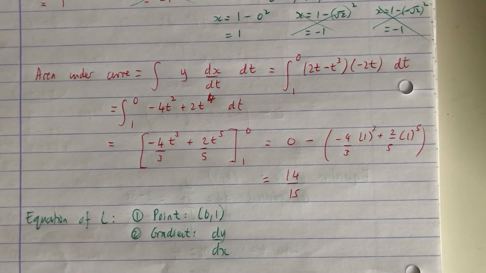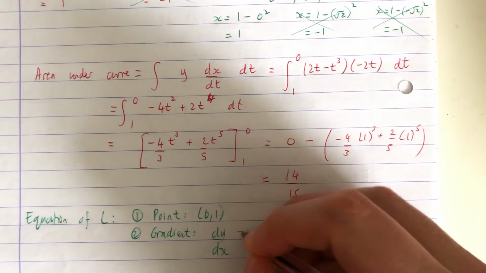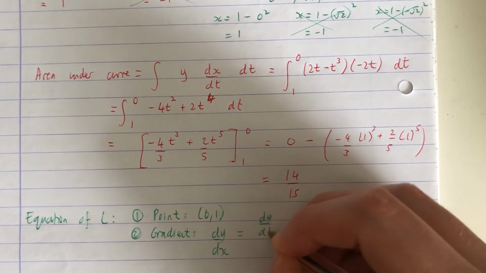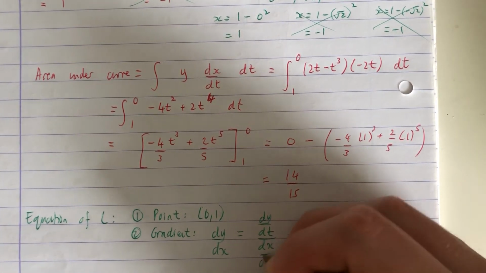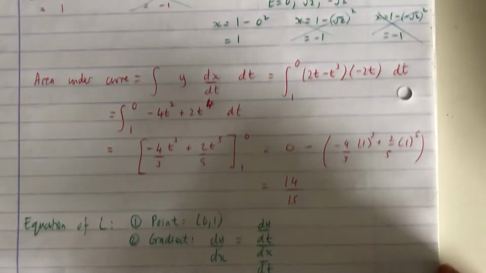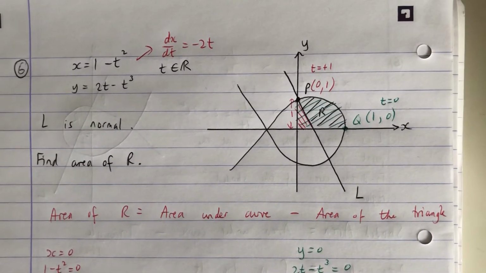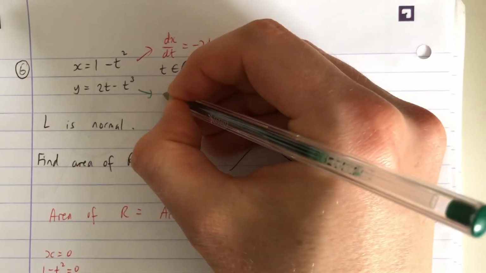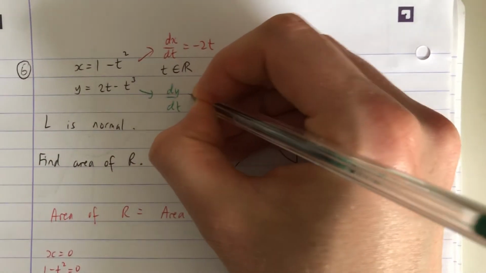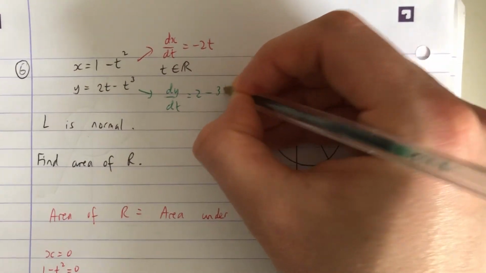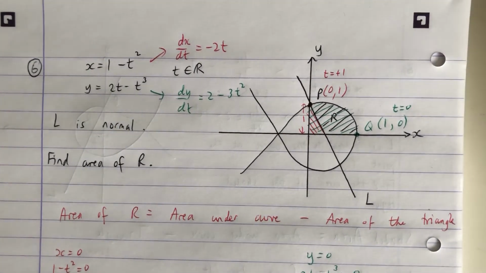But how do you work out dy by dx for parametric equations? You do dy by dt over dx by dt. I haven't worked out dy by dt yet. So substitute both of those in.